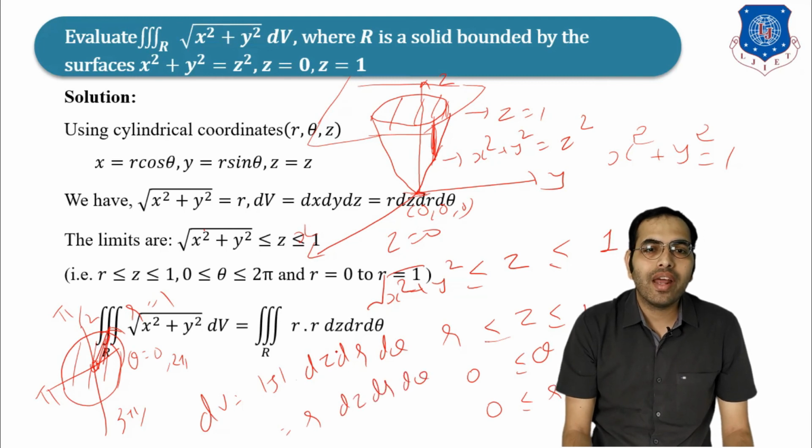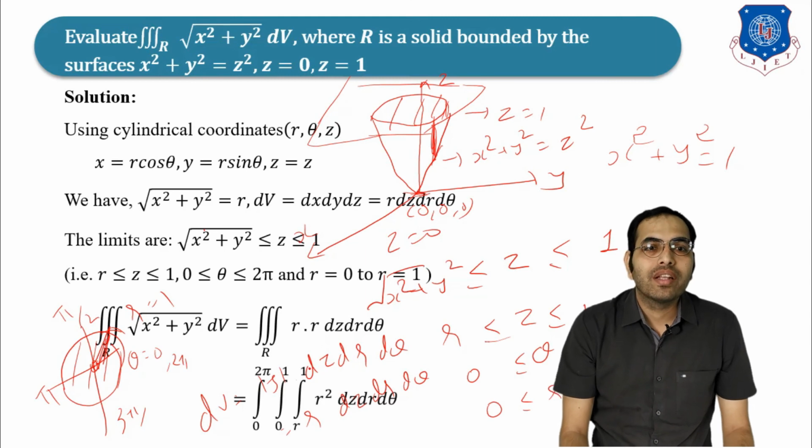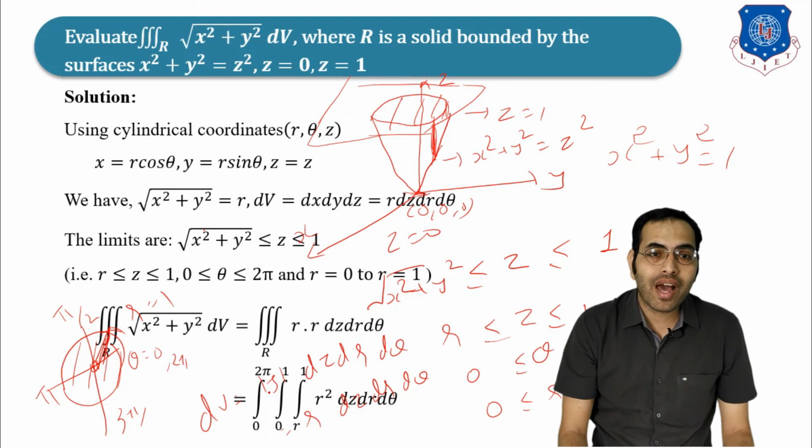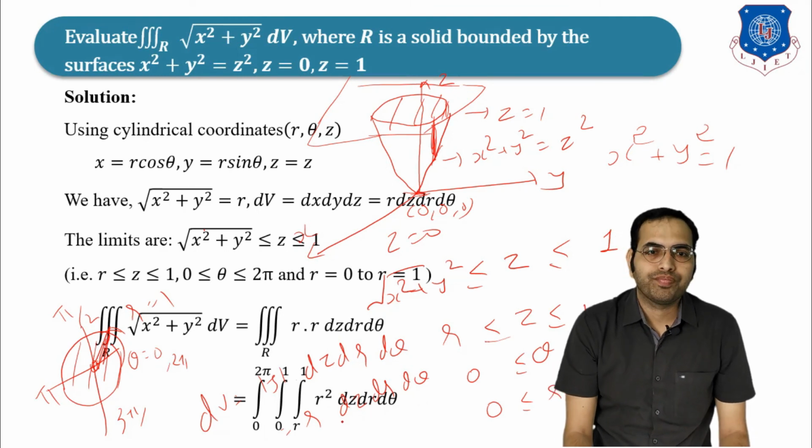Then r into r is r square. So the integral is from 0 to 2 pi, 0 to 1, r to 1, of r square dz dr d theta.